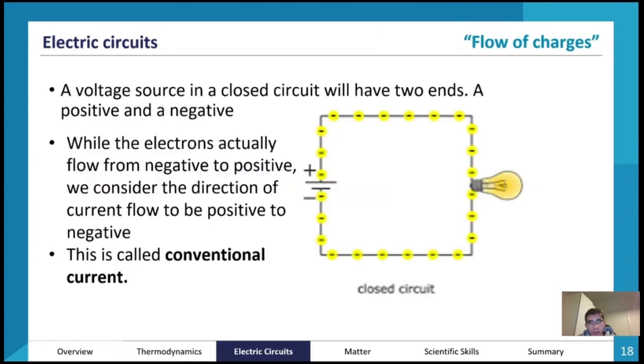Now let's move onto another topic, which is electricity.